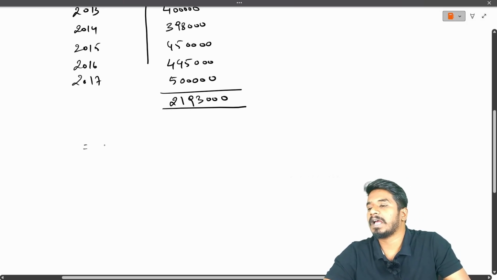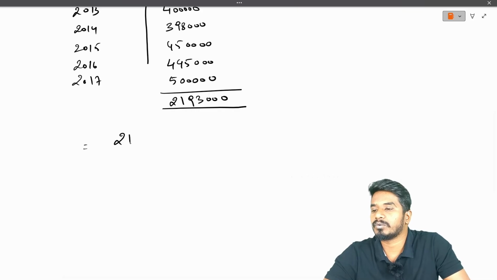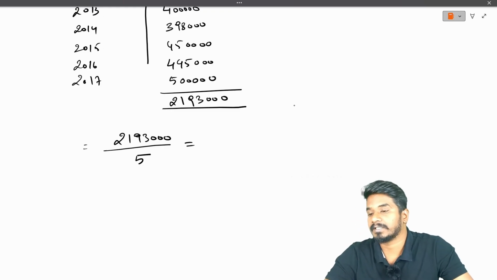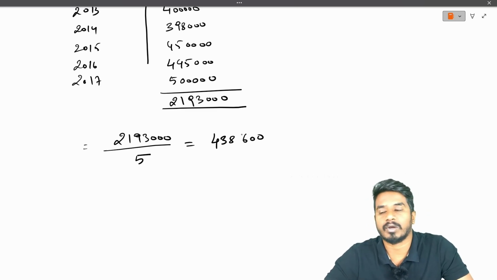So we need to get the average. 21 lakh 93,000 divided by 5 gives the average profit per year, which is 4 lakh 38,600 rupees.